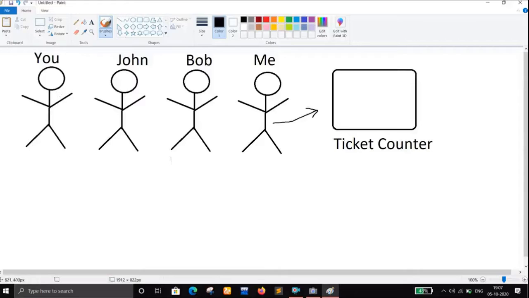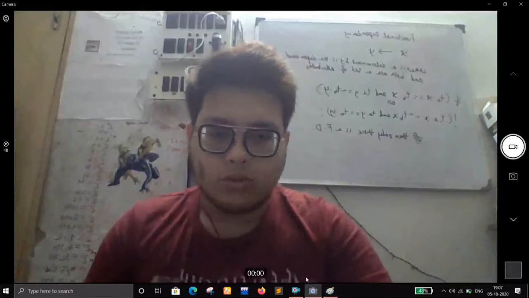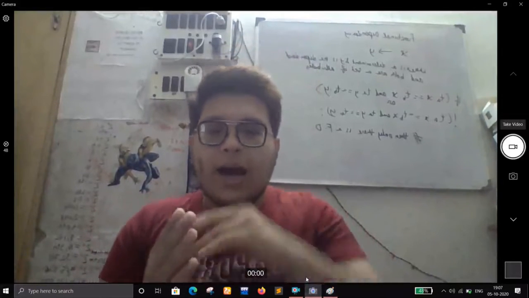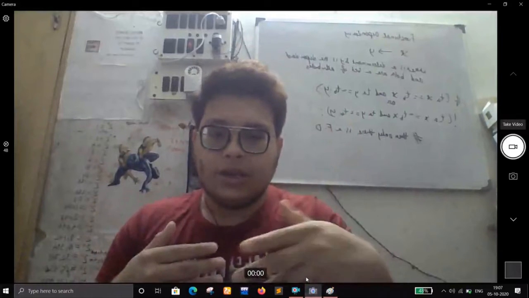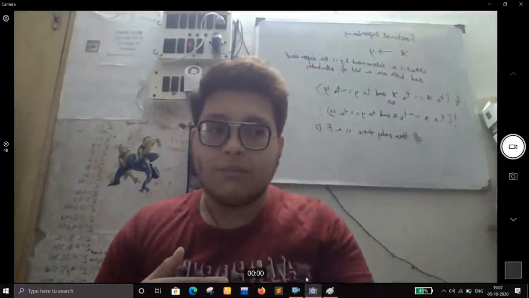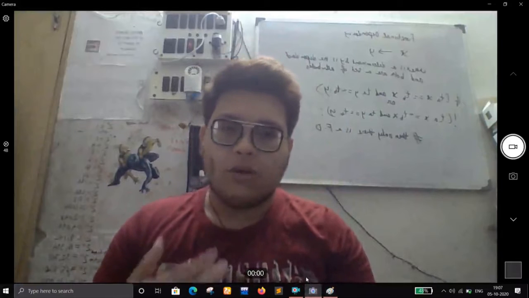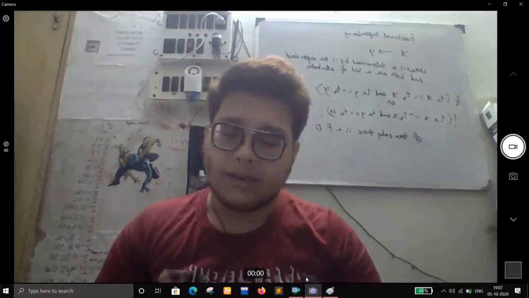But let's say you do not know how many people are standing. Let's say you cannot see how many people are standing. So how can you know the number of people in a queue? What you will do is you will ask the person in front of you how many persons are in the queue. Obviously that person also won't know the answer.